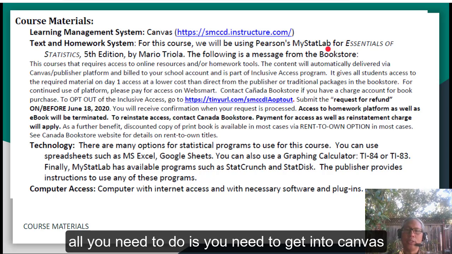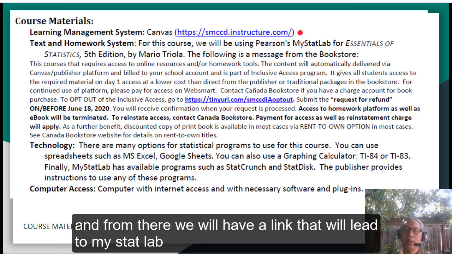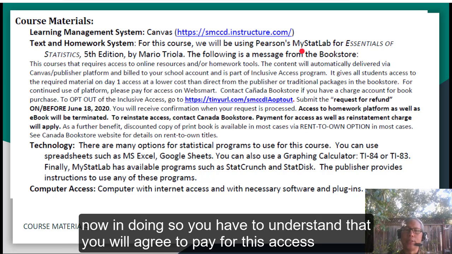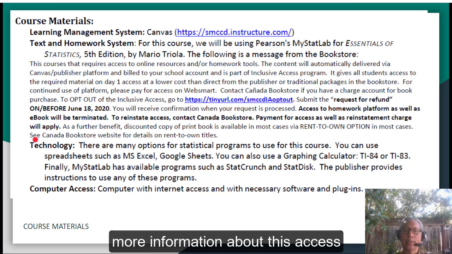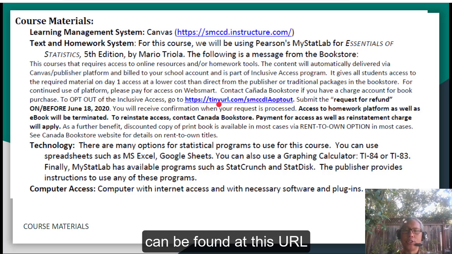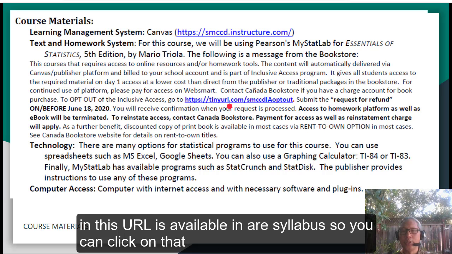All you need to do is get into Canvas, and from there we will have a link that will lead you to MyStatLab. In doing so, you have to understand that you will agree to pay for this access. More information about this access can be found at this URL, which is available in our syllabus, so you can click on that.